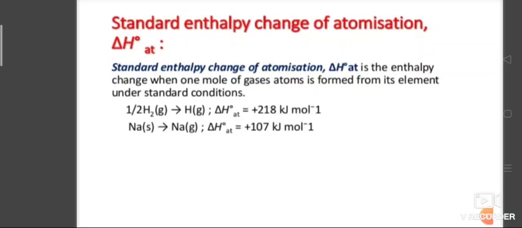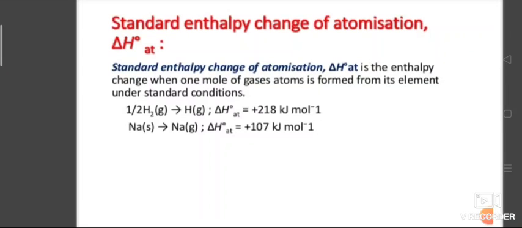So phase transformation enthalpies are also there: enthalpy of fusion and enthalpy of sublimation. What do you mean by enthalpy of fusion? It is the heat absorbed when 1 mole of solid changes into liquid, that means the melting point. What do you mean by enthalpy of sublimation?